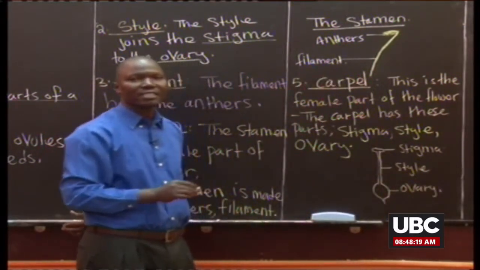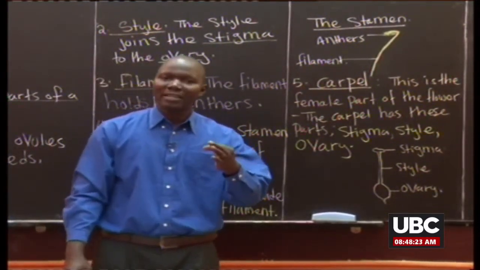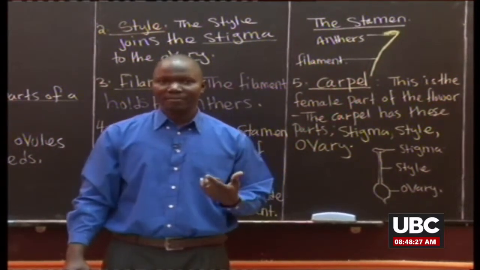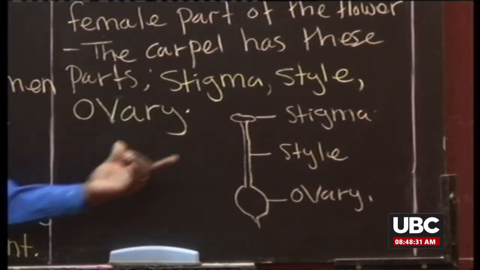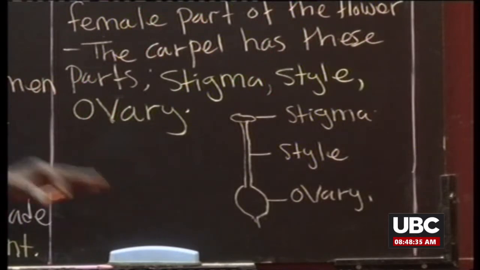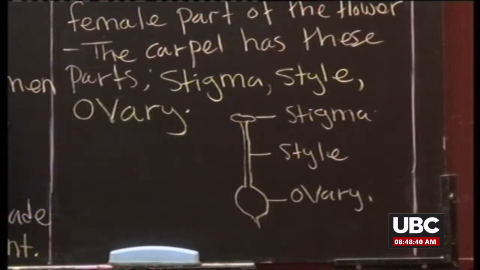What are those? They form the female part of the flower called the carpel. The carpel is the female part of the flower, made up of the stigma, the style, and the ovary.